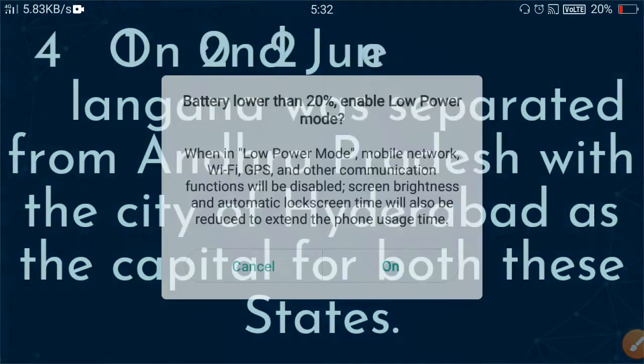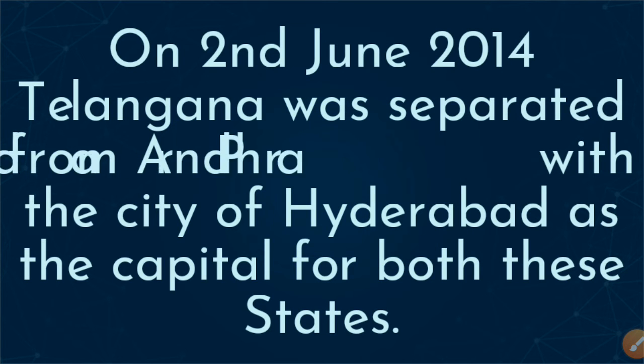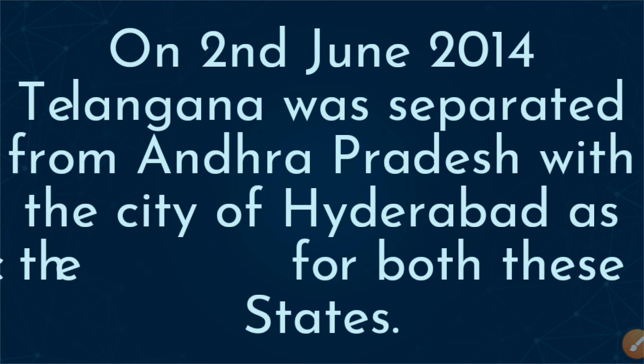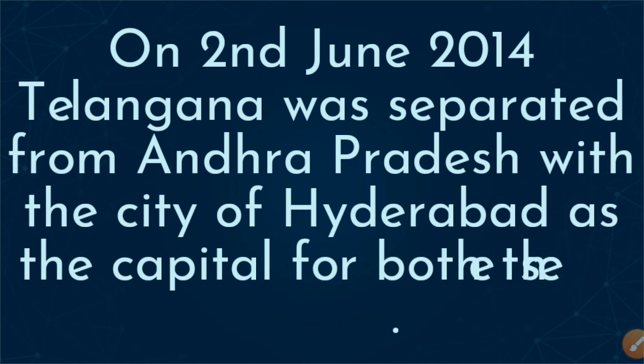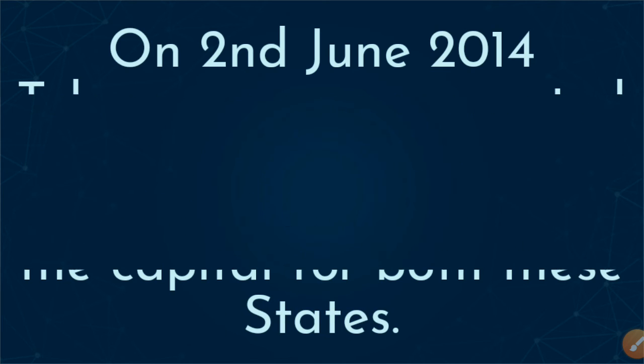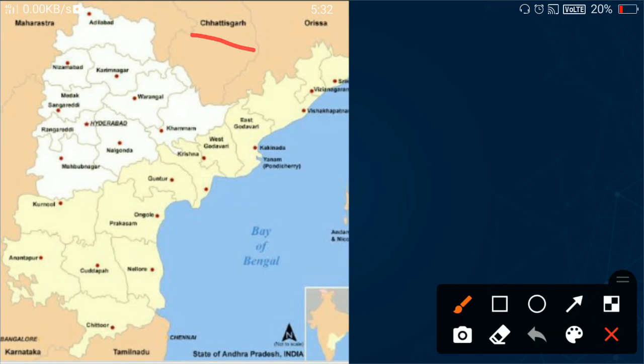Children, on 2nd June 2014, Telangana was separated from Andhra Pradesh with the city of Hyderabad as the capital for both these states. I must tell you children, before 2014, Telangana was a part of the whole Andhra Pradesh.